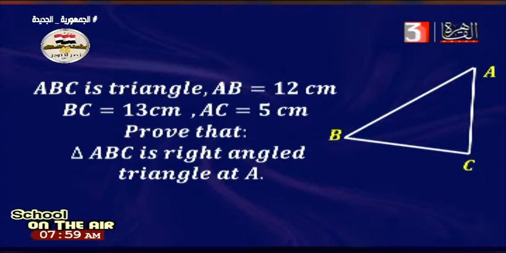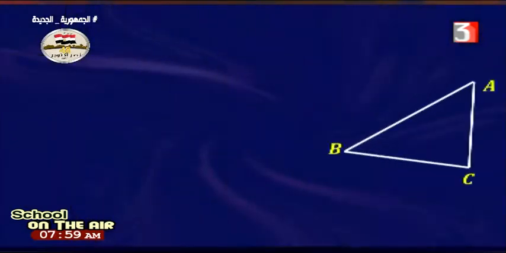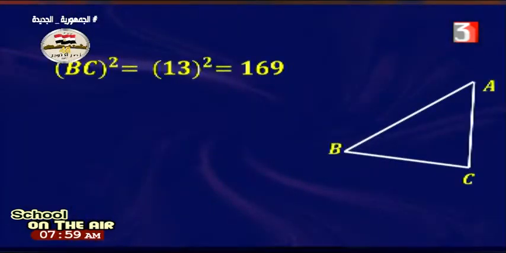So we are going to start by the length of the longest side. So we are going to take BC, which is 13 centimeters, and find its square. Then BC to the power of 2 equals 13 to the power of 2, which gives a result as 169.